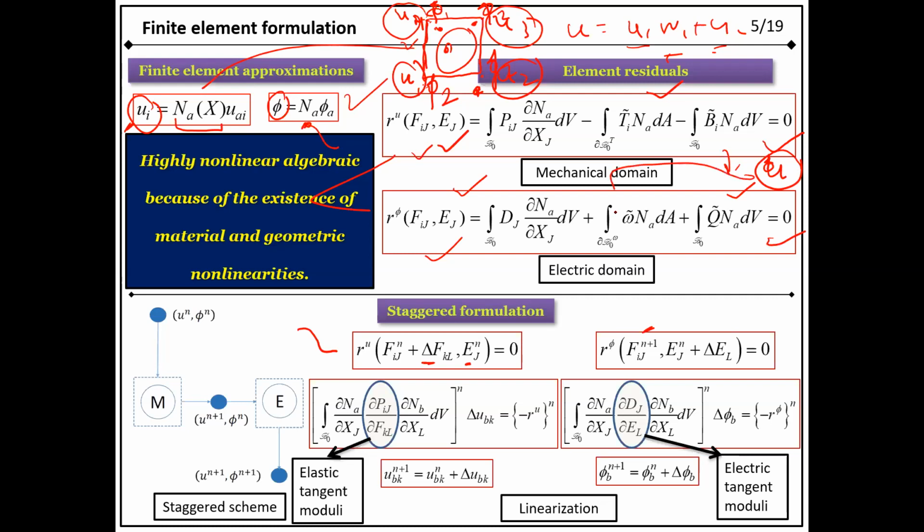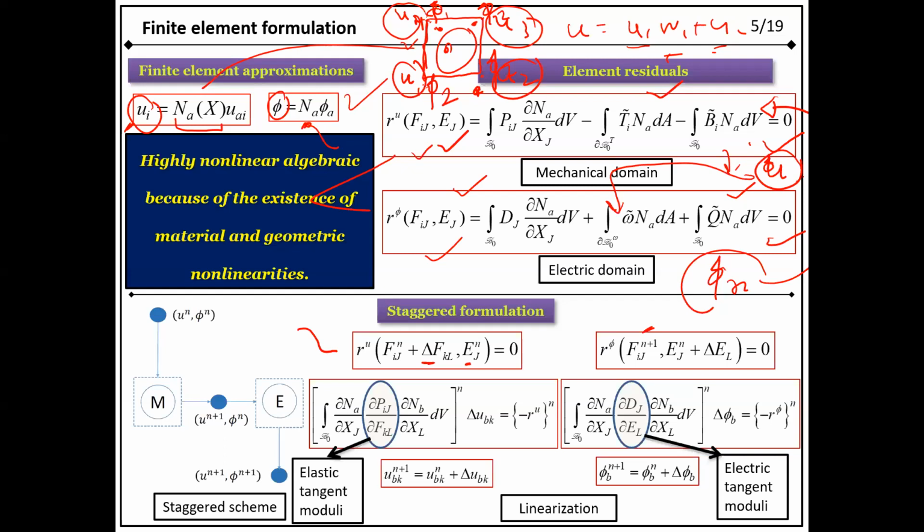We insert that u here and evaluate phi. Whatever phi comes from this, we again insert here and evaluate u, and we iteratively solve these nonlinear equations. So we are not solving those equations collectively, but separately, in a staggered manner.